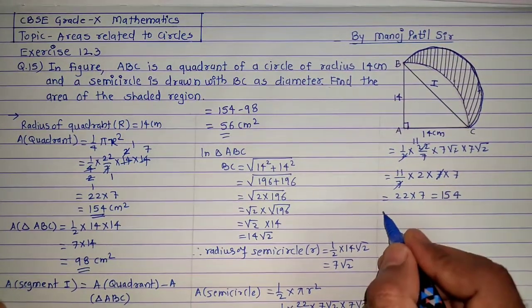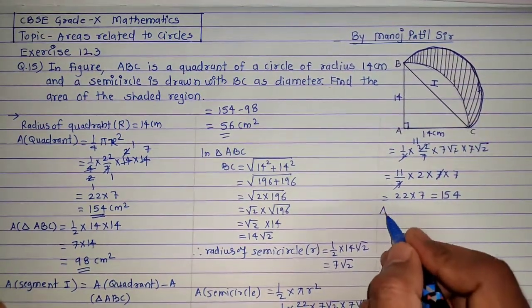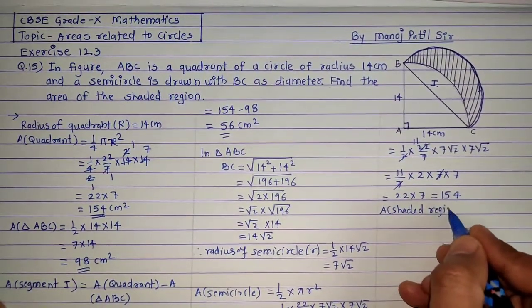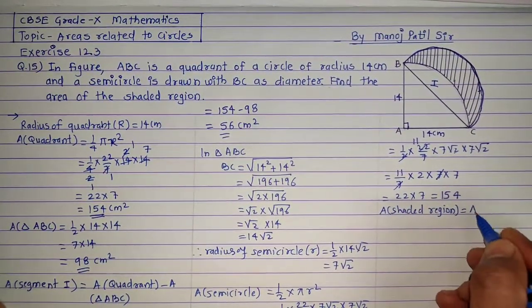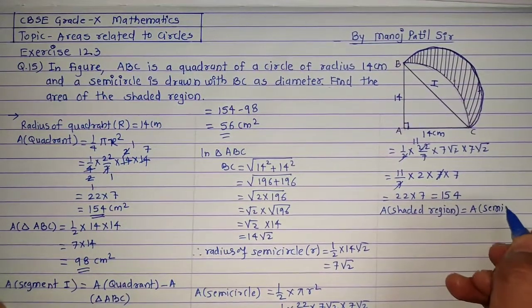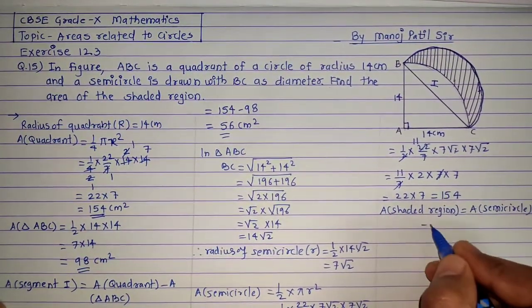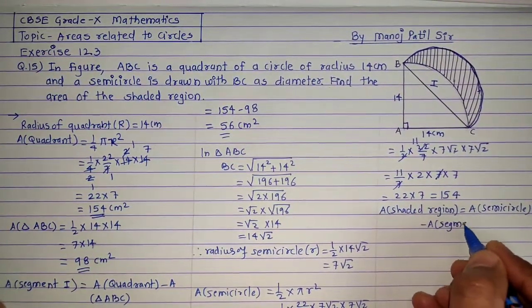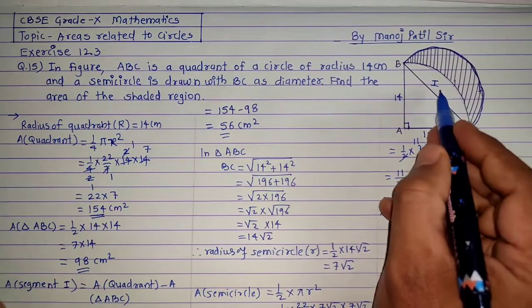Now we want to find area of shaded region. So area of shaded region is equal to area of semicircle minus area of segment. Segment is denoted by 1.